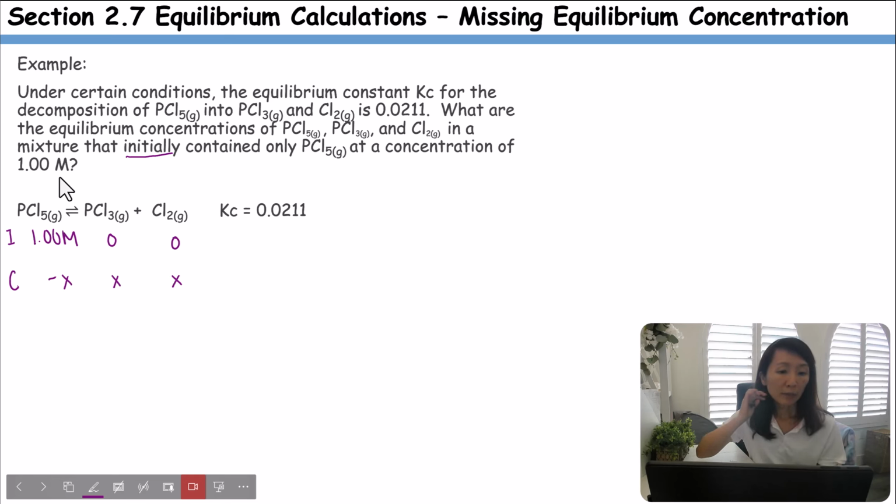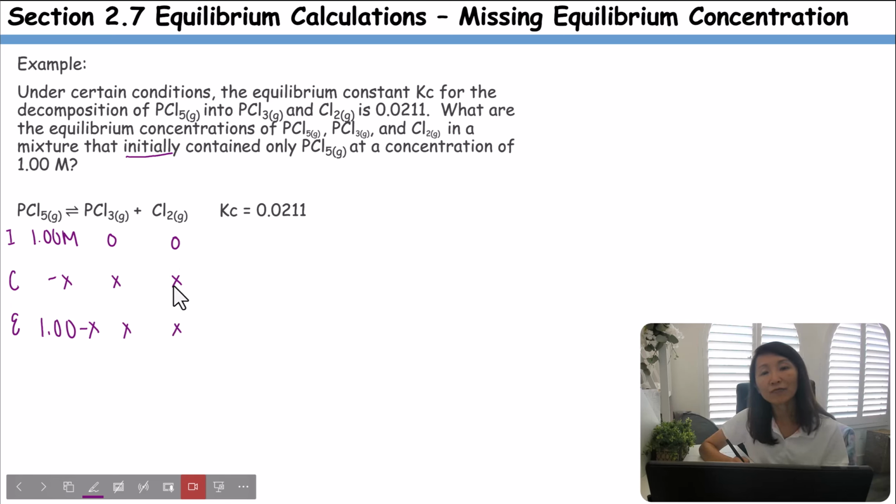Now, the equilibrium, or E, is represented by what goes on the top plus what's on the bottom. So for the top, that's 1.00 plus what's on the bottom, which is minus X. Over here it's 0 plus X, which is just X. And for here, it's 0 plus X, which is X.